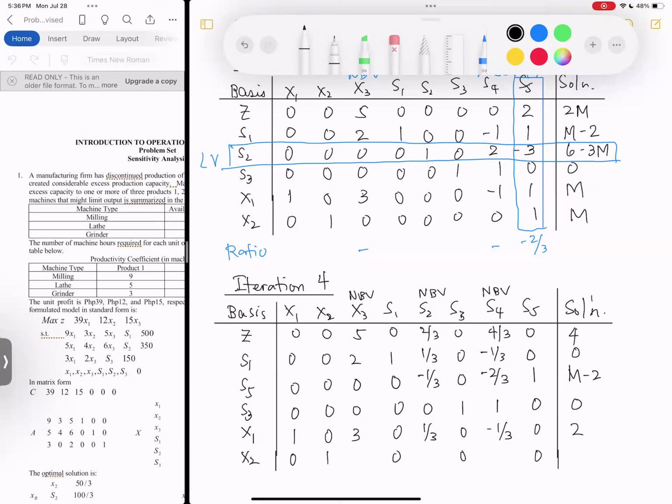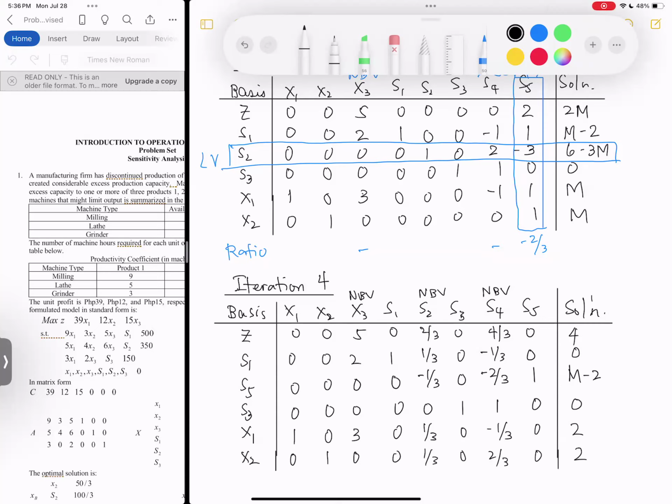Just have to multiply this by -1. Anyone who has the X2 row? Sir, for X2, it's 0, 1, 0, 0, then 1/3, 0, 2/3, 0, and then 2.